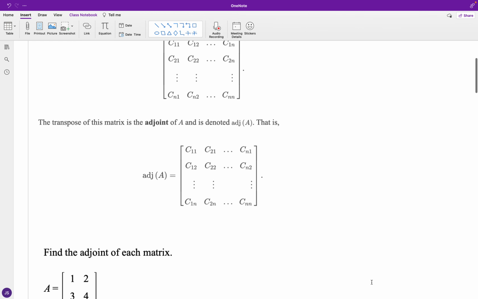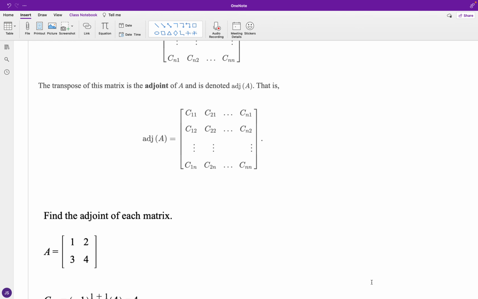Just starting out with a 2x2 example, we had the matrix A consisting of 1 and 2 for the top row, 3 and 4 for the bottom row.